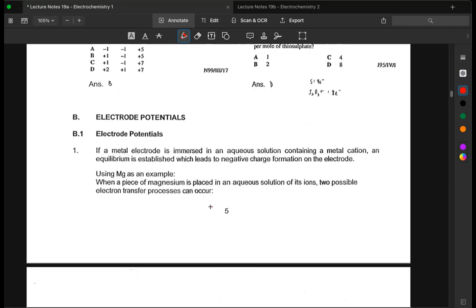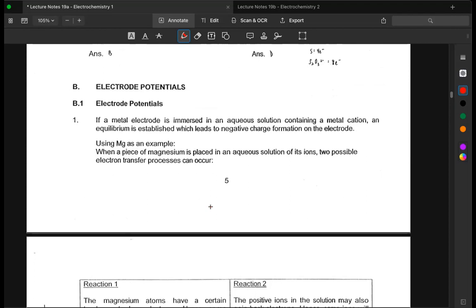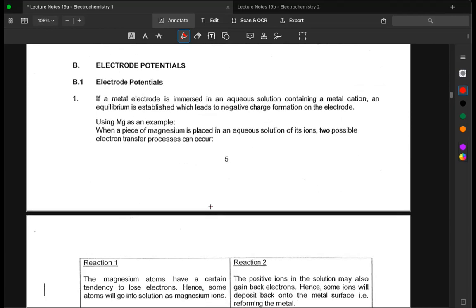All right. Now, electrode potential, what is it? Let's recap the concept. If you have a metal electrode immersed in an aqueous solution of a metal cation. So for example, this is the electrolyte, and you have an electrode immersed in it. Let's say this is magnesium, and the solution used could be magnesium chloride solution.